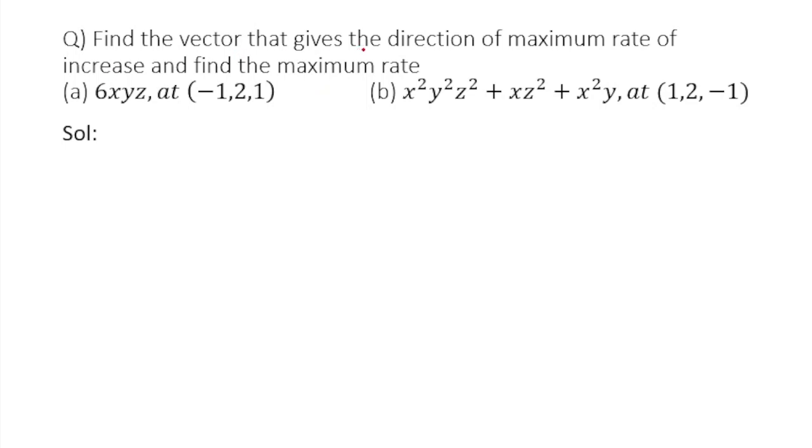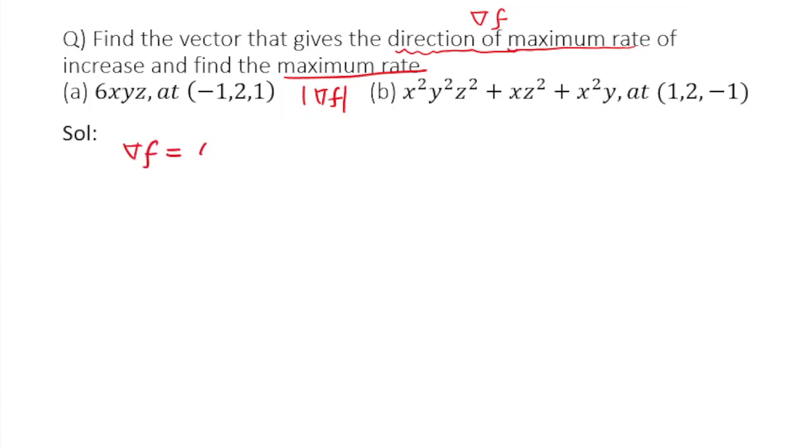Find the vector that gives the direction of max. We have to answer two things. First is the direction of maximum rate. The direction of maximum rate is the direction of del f, we know, and then we have to find what is the maximum rate. The maximum rate is the magnitude of del f. So we don't have to do anything. We have the function, so first we calculate del f. So what is del f?